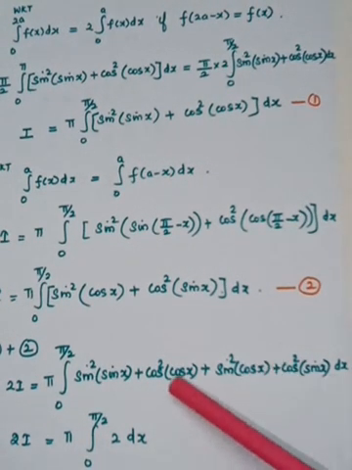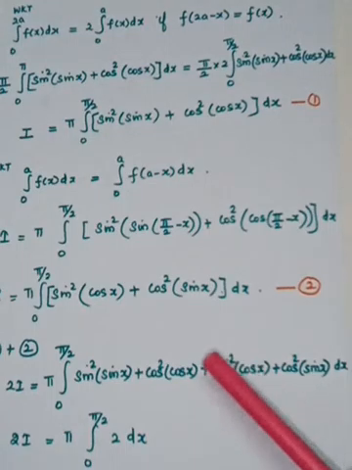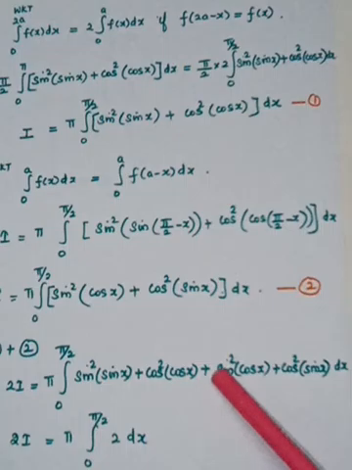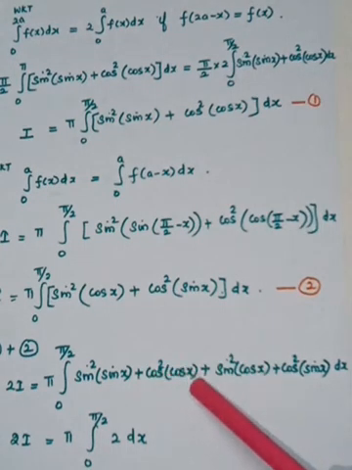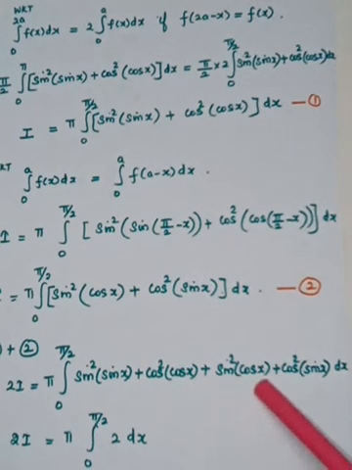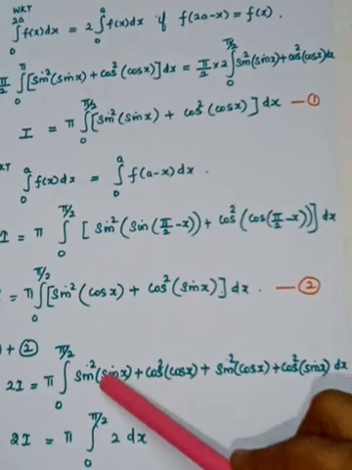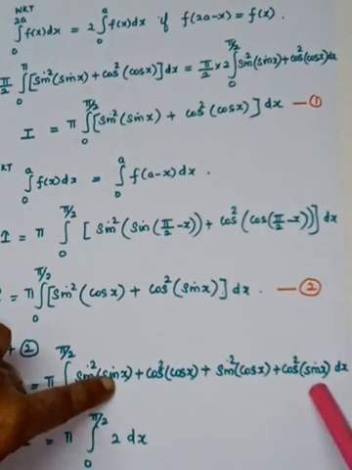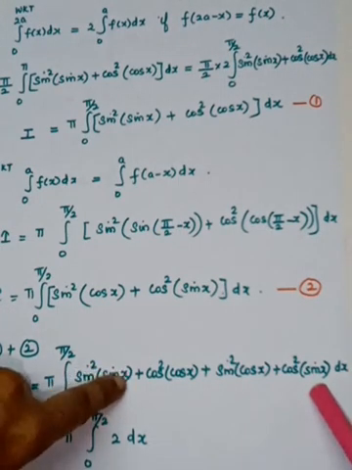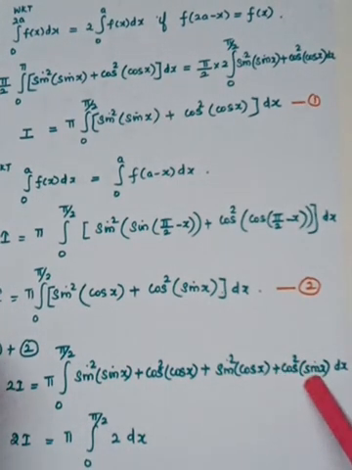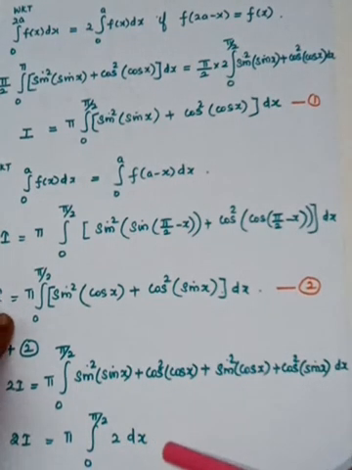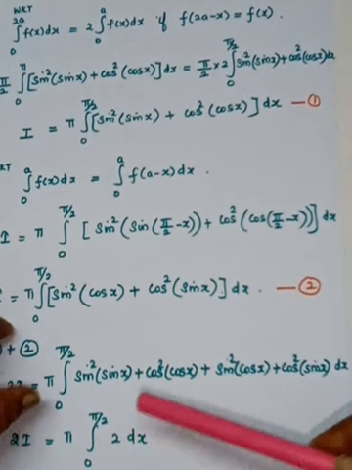If you combine sine squared cos x and cos squared cos x, it is in the form of sine squared theta plus cos squared theta. What is sine squared theta plus cos squared theta? It is 1. In the same way, first and the last term, you see the angle is same, sin x, here also sin x. It is in the form of sine squared theta plus cos squared theta. That also is 1. So 1 plus 1 is 2. So 2 into dx. Okay, 2 is a constant, it is taken out.